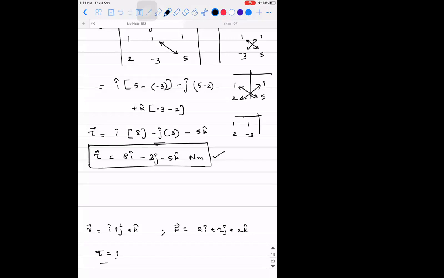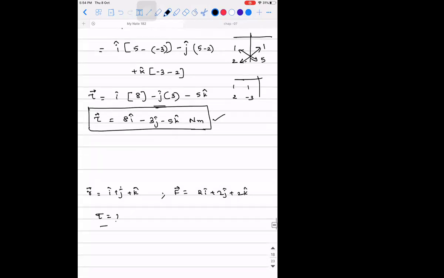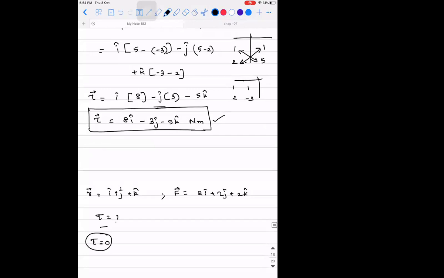So 0, sir. Why? So 0, sir. Yes, that's right. So torque will be 0.